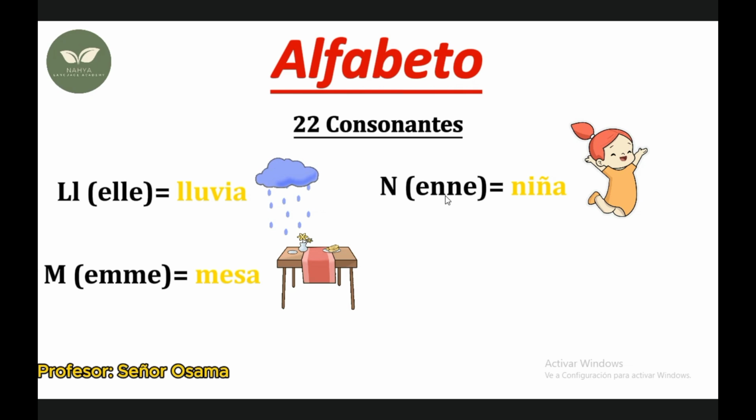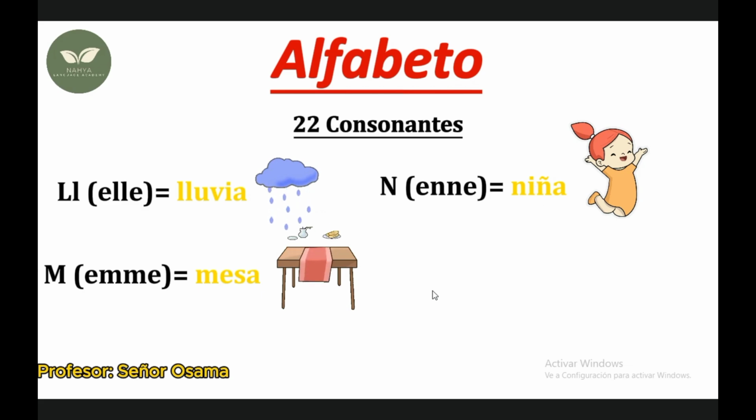For example, here we don't say M, we say M. Here we don't say N, we say N. We can find this letter in the example of niña, which means girl or little girl. Child, but this child is a girl.